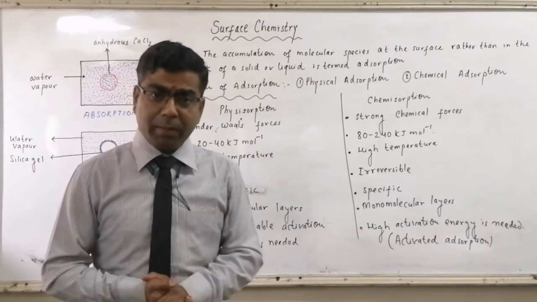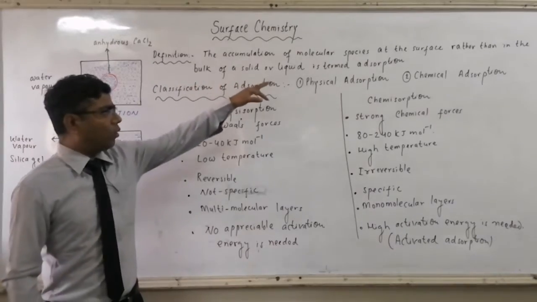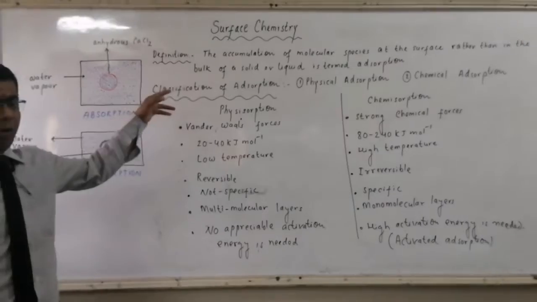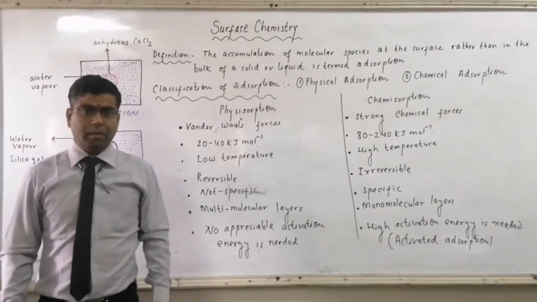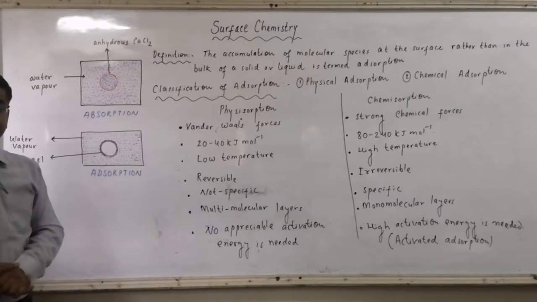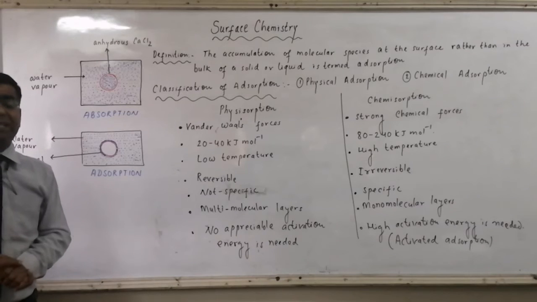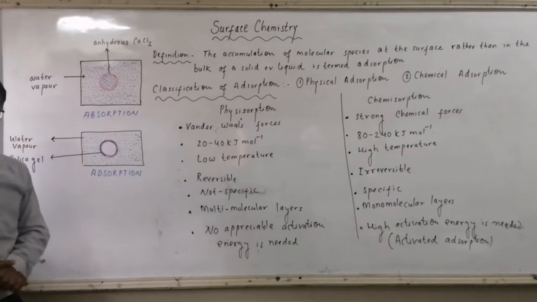So what's the definition? Definition is very simple. The accumulation of molecular species at the surface rather than in the bulk of a solid or liquid is termed adsorption. Here the accumulation of water vapors takes place in the bulk. Here it is not in the bulk, it remains on the surface of silica gel. So this is your adsorption and this is your absorption.